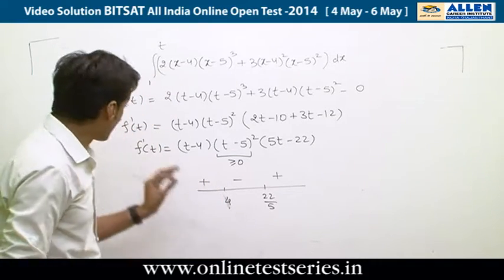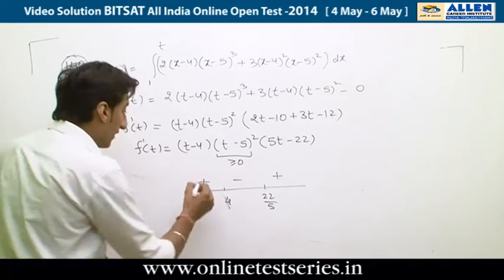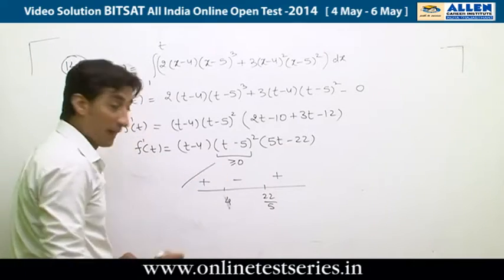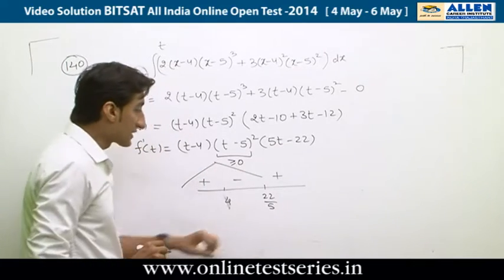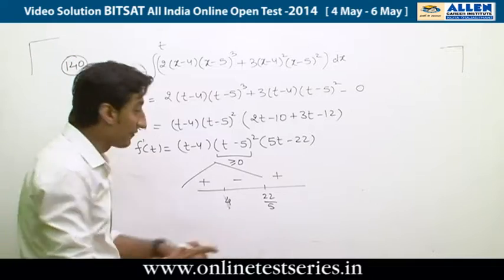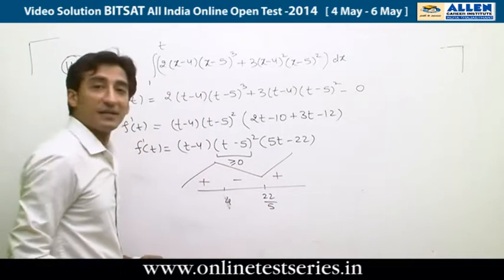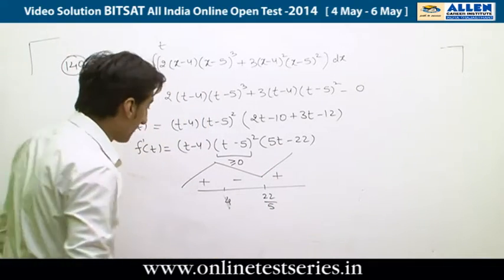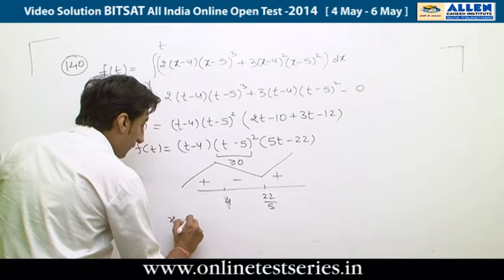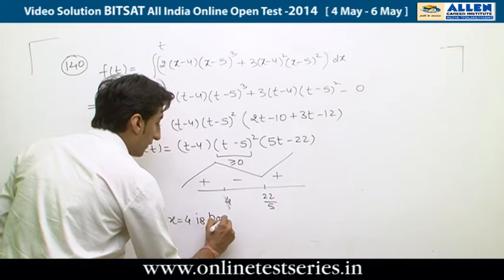So clearly the sign of f dash t is varying. First the function is increasing, after that the function is decreasing up till 22 by 5, and after that again the function is increasing. This clearly explains that x is equal to 4 is a point of what?